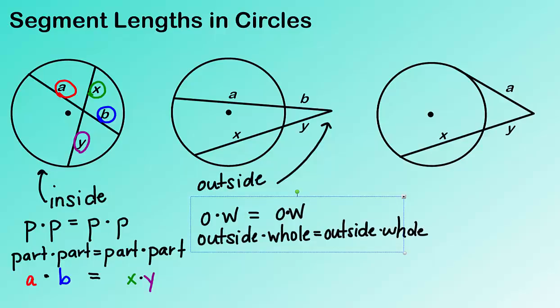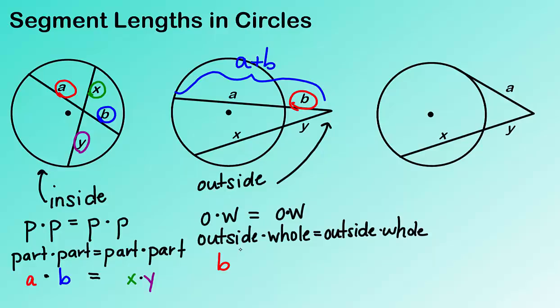So outside, or B, times whole, A plus B, is equal to outside, or Y, times whole, X plus Y.